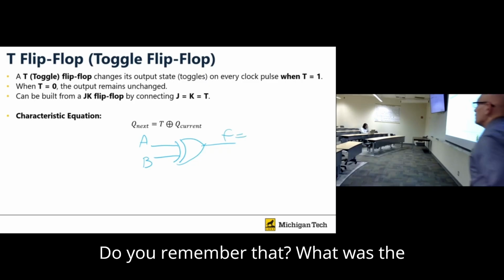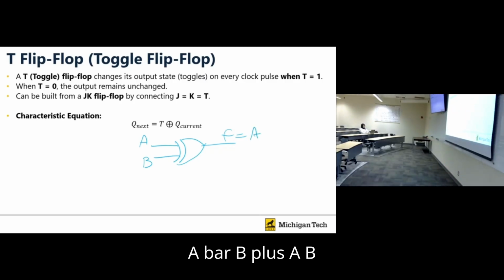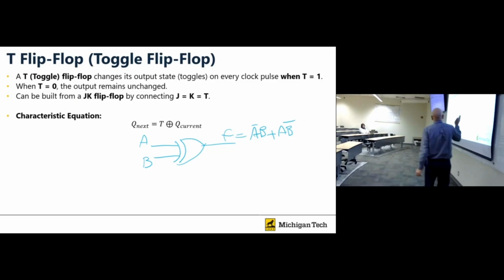What was the expression for XOR? A bar B plus A B bar. This is XOR.